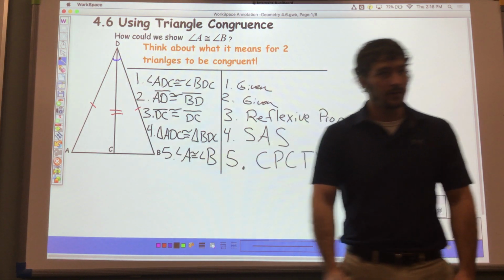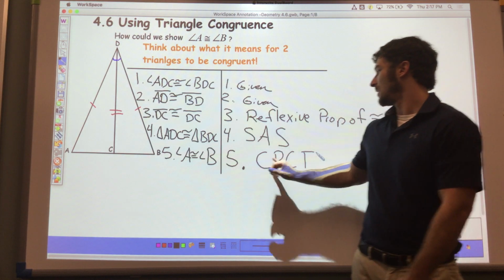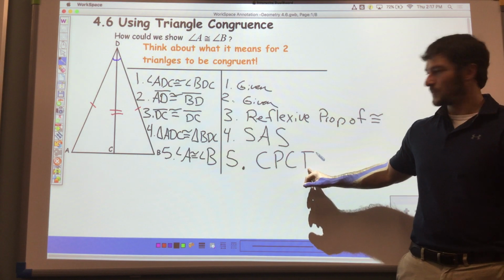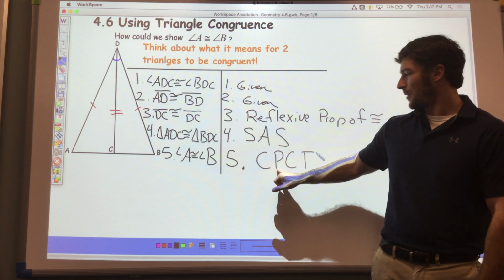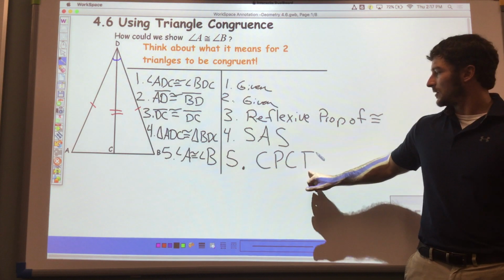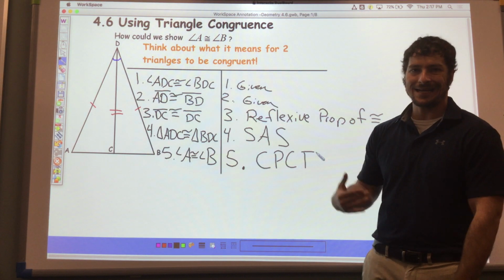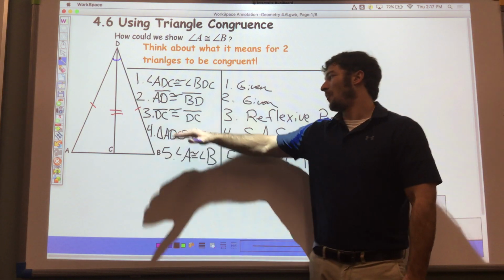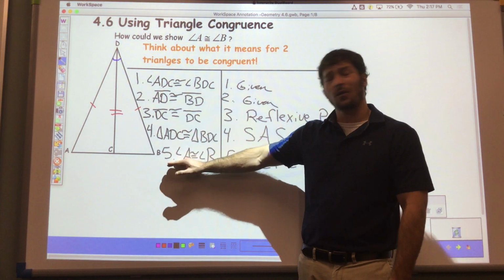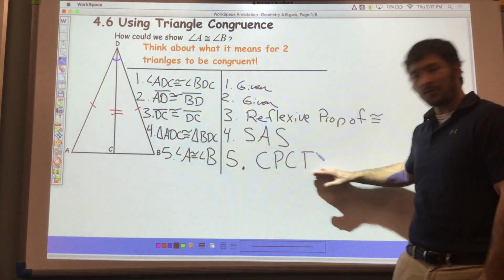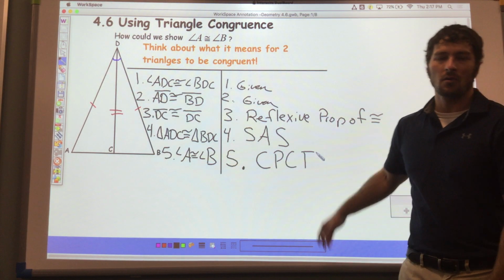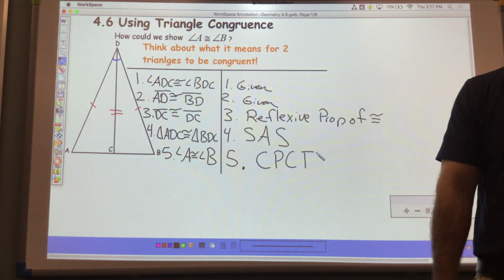If you're not sure what an acronym is, it's when you use the first letter of each word to abbreviate it. So corresponding parts of congruent triangles. So again, anytime you say, well, because I have congruent triangles, these corresponding parts are congruent, that reason is CPCTC, corresponding parts of congruent triangles.